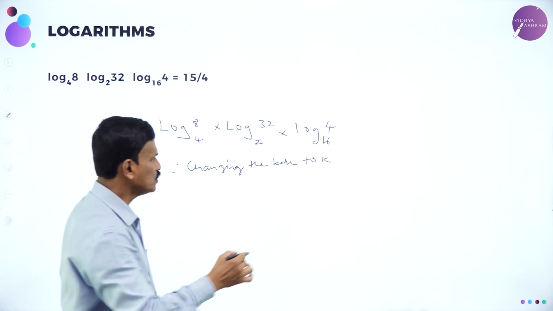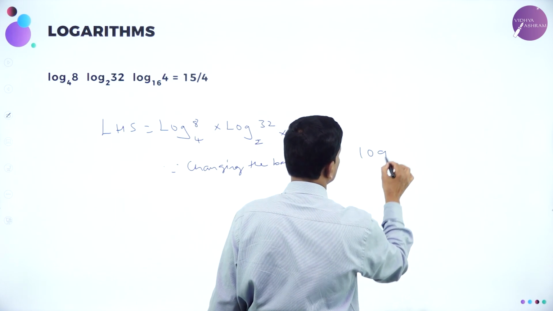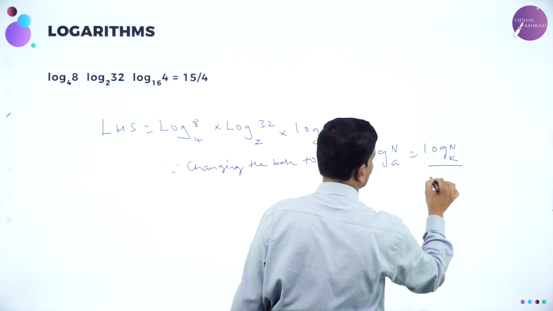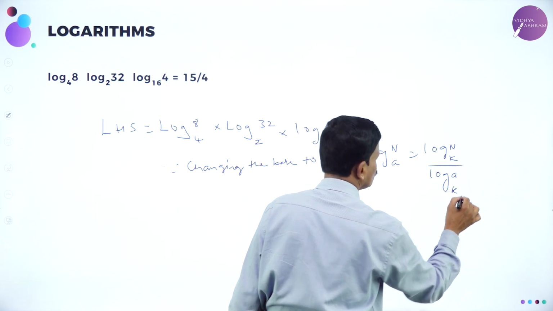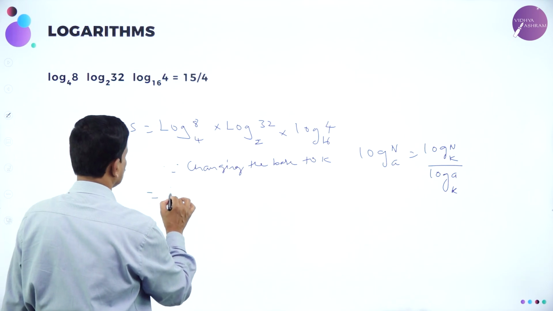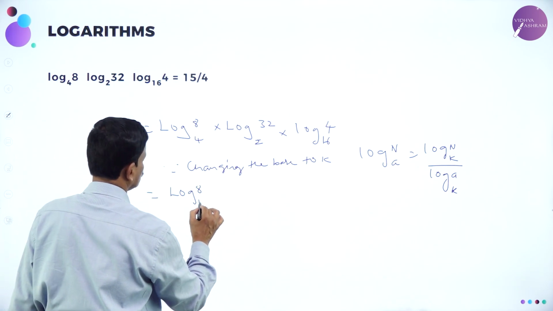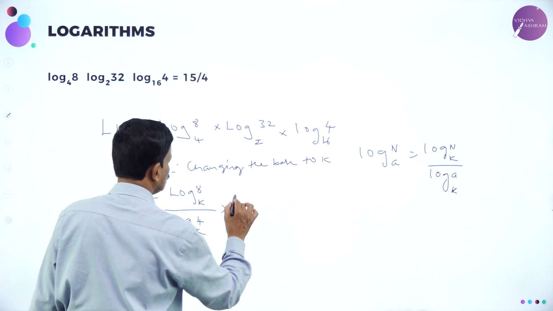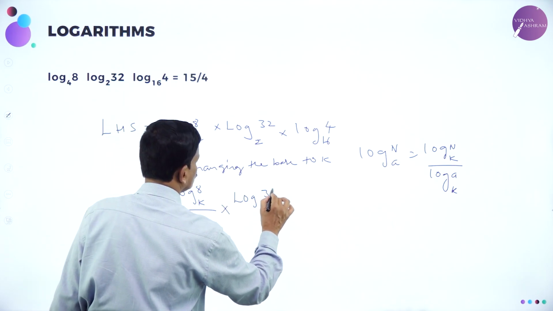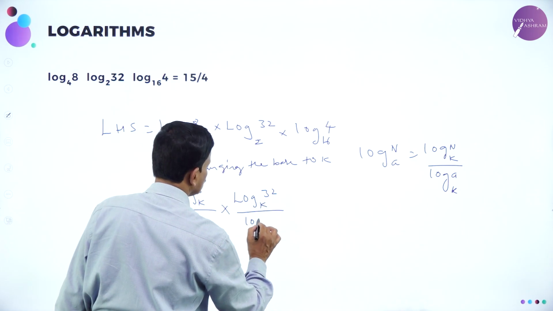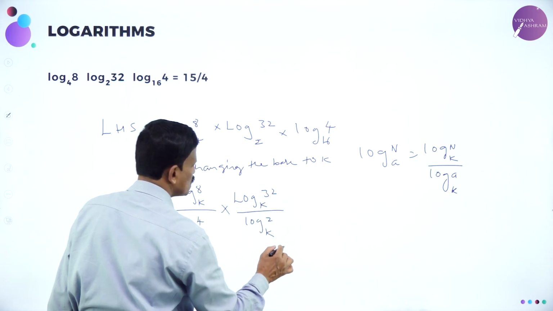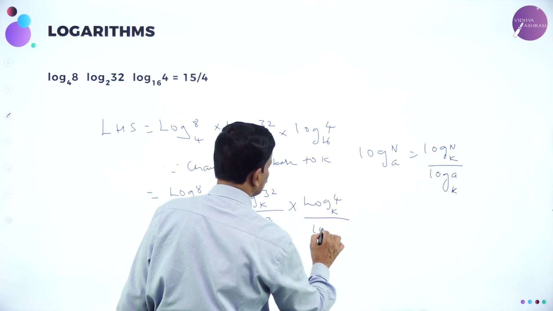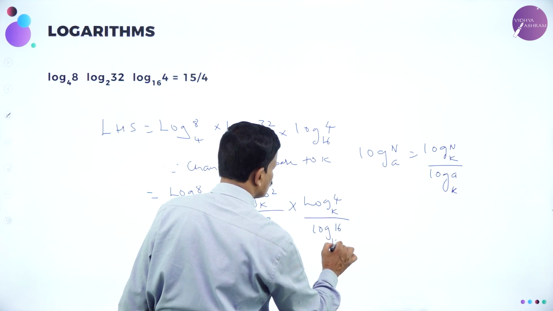You know the formula for base change rule: log n to base a is also equal to log n to base k divided by logarithm of a to base k. Changing the base to k, we can write log 8 to base k divided by logarithm of 4 to base k into logarithm of 32 to base k divided by logarithm of 2 to base k into logarithm of 4 to base k divided by logarithm of 16 to base k.